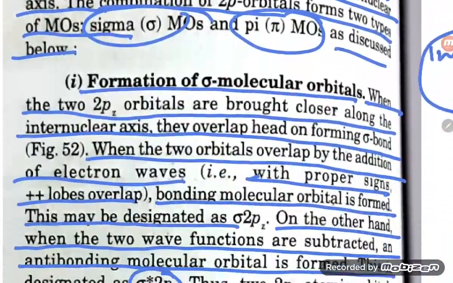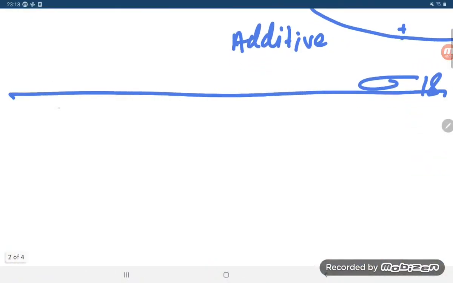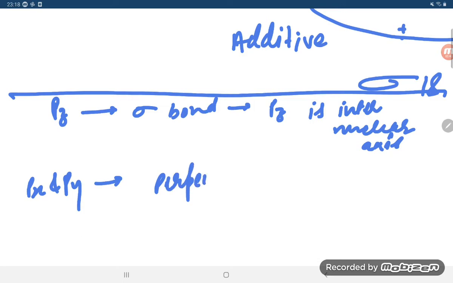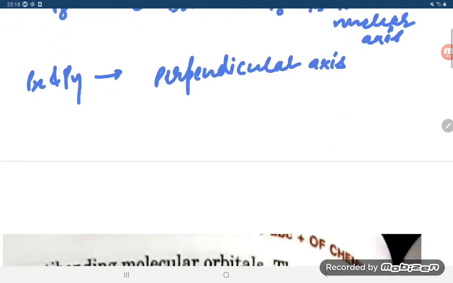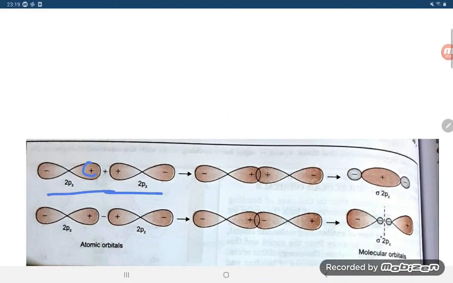So, dear students, for better understanding, the pz orbital forms the sigma bond because pz lies along the internuclear axis, and px and py are along the perpendicular axes. Now how is the sigma forming? If the plus and plus signs of 2pz come together, they form the bonding sigma 2pz.